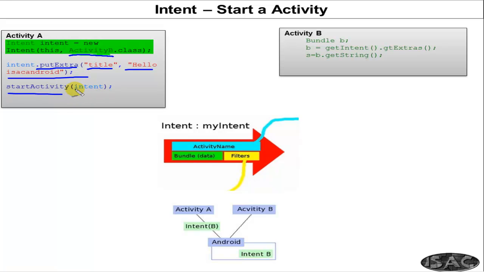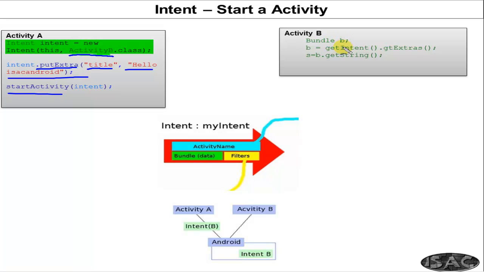The moment I call startActivity, Android will take this intent object and analyze it: oh, I have to send it to activity B. So, it will start activity B and launch the activity for the user. When the activity is launched, inside that activity you can retrieve the data which was sent. How do you retrieve it?